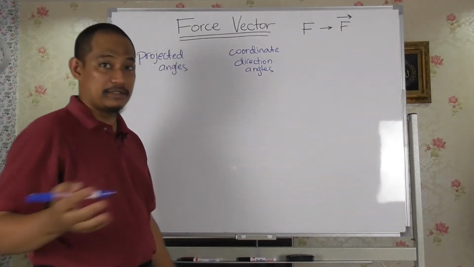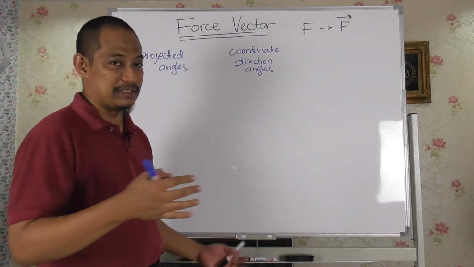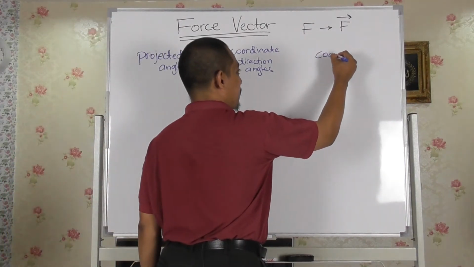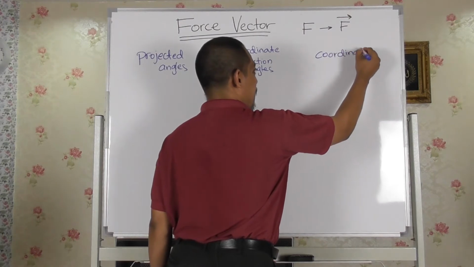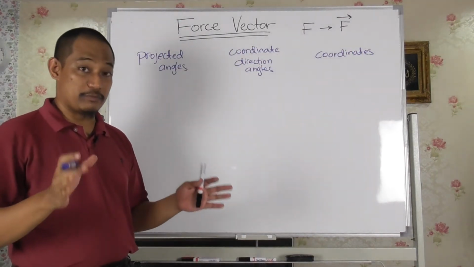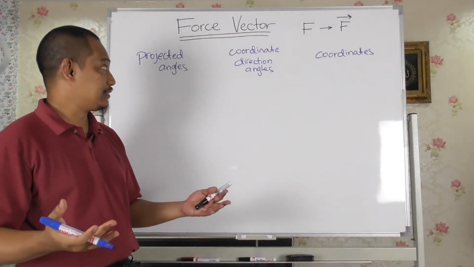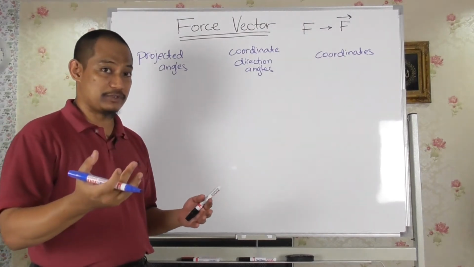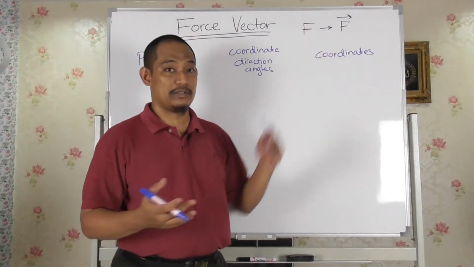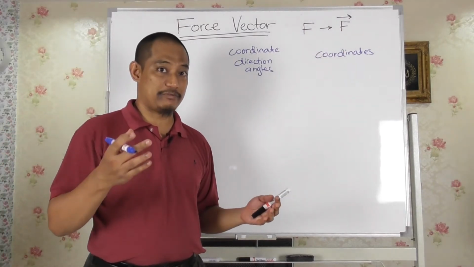And finally, it is if you can find the coordinates. So those are the three types of information that may be given on top of the magnitude of the force, so that you can utilize this information to get the vector of that force.